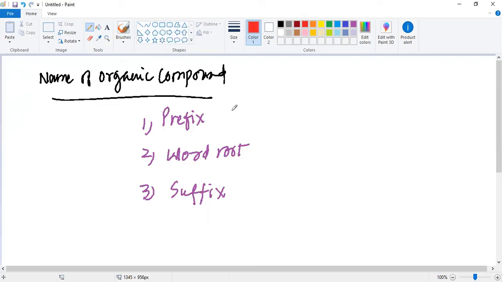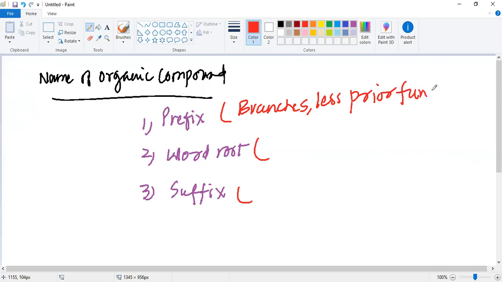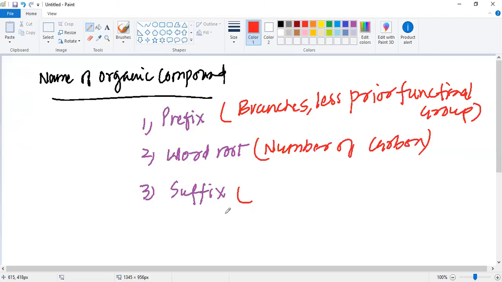Now we realized, my dear students, that the prefix comes from the branches, or it may come from the less prior functional group. The word root comes from the number of carbon, and the suffix comes from the functional group.